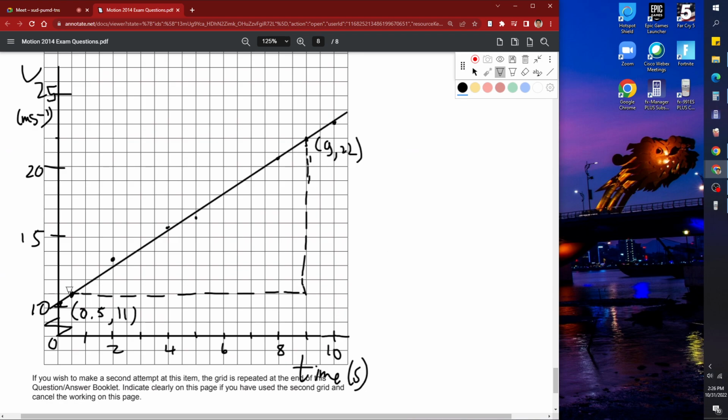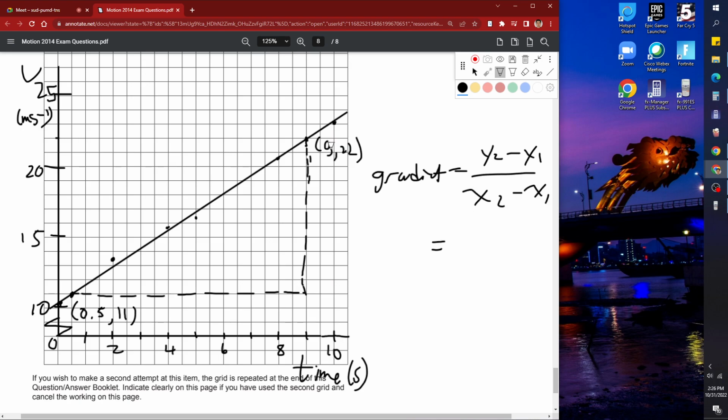Okay, so now that we have this line of best fit that goes through the data points that we plotted from our table above, we're going to find the two points that meet at intersections. So this one here and one there. Then our gradient is going to be y2 minus y1, the change in y, divided by the change in x, x2 minus x1.